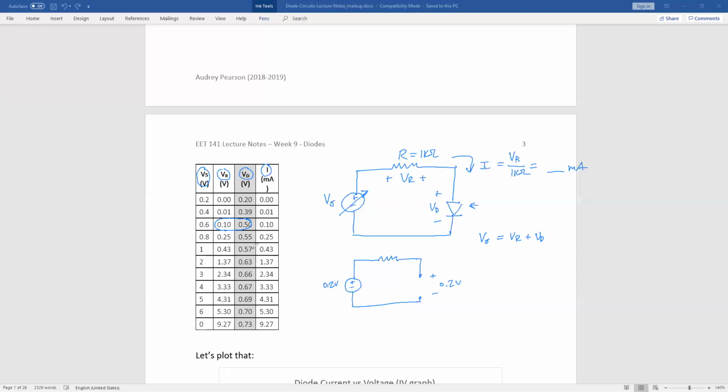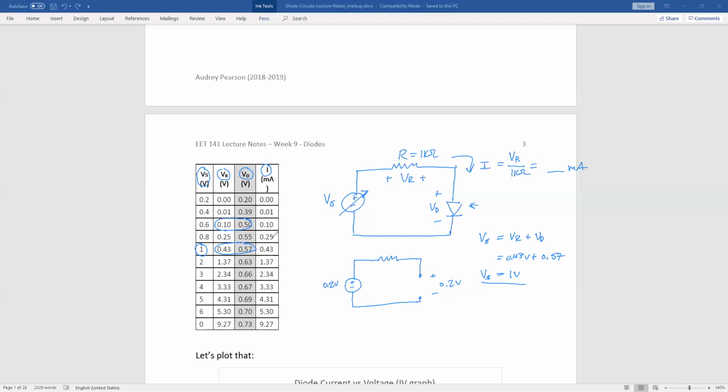We can pick any values here. For instance, this one: if you've got 0.43 volts for VR and you add that to 0.57 volts, you get 1 volt, and that is equal to the supplied voltage. So we can double check using Kirchhoff's voltage law if we want to.